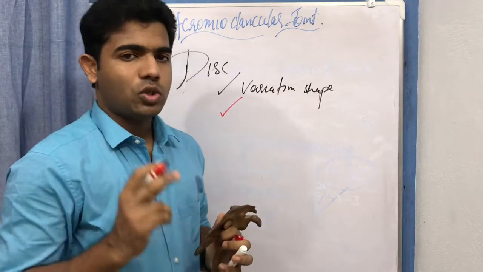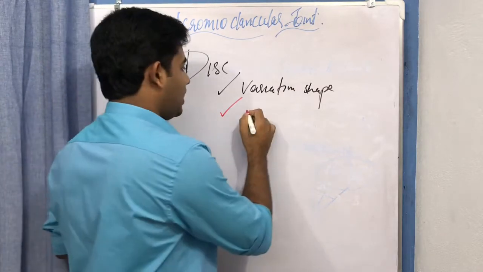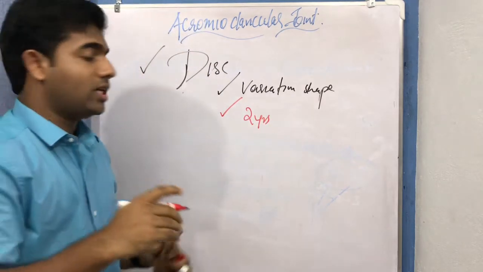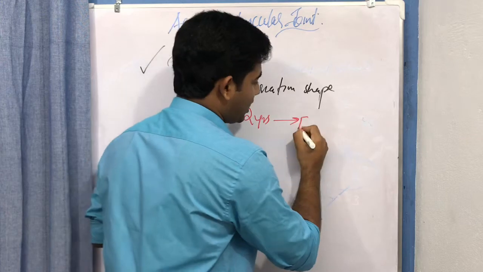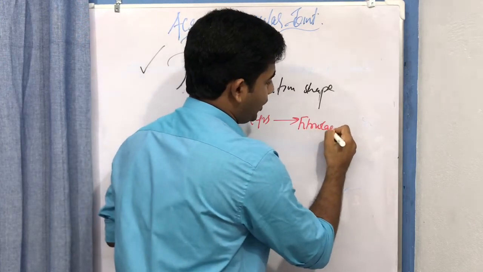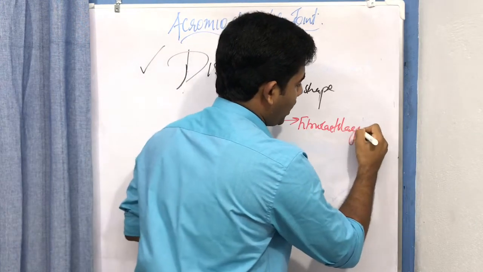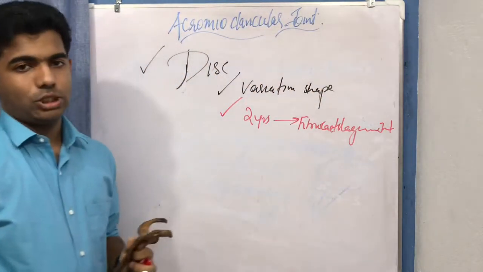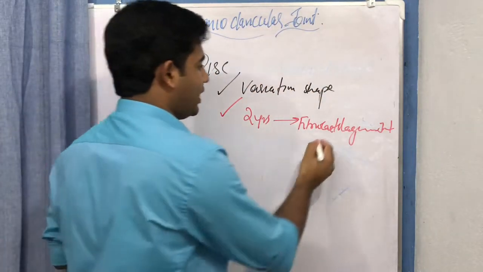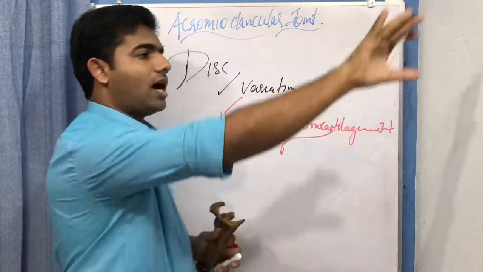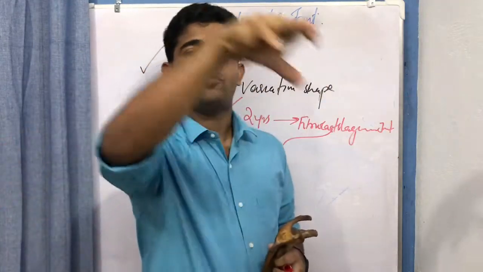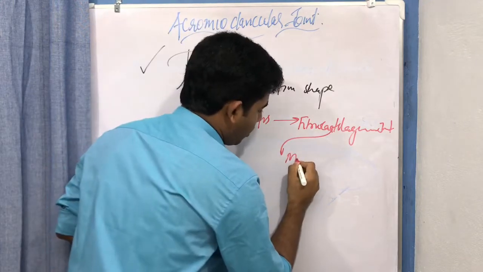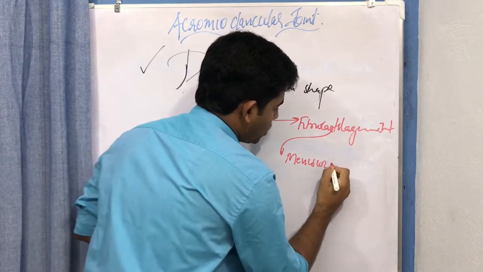Further, we also need to remember that up to about 2 years of age, the acromioclavicular joint is a fibrocartilaginous joint. After these 2 years, when we are doing more weight transfer and functional activities, the disc evolves as a meniscoid one.